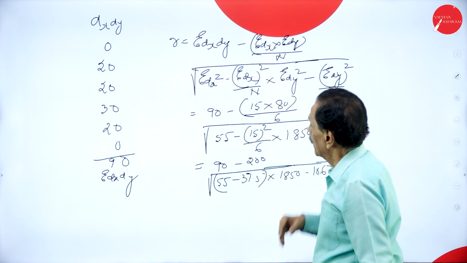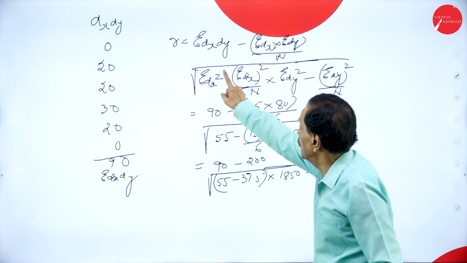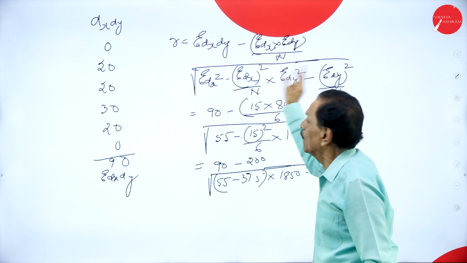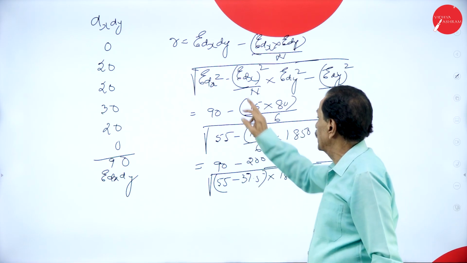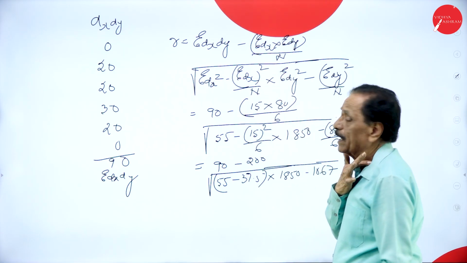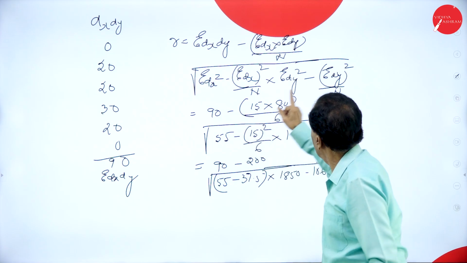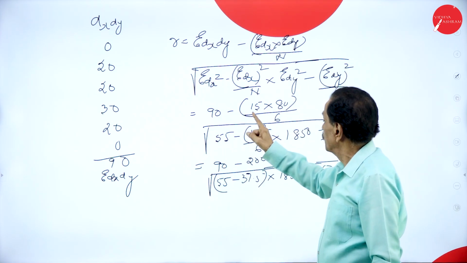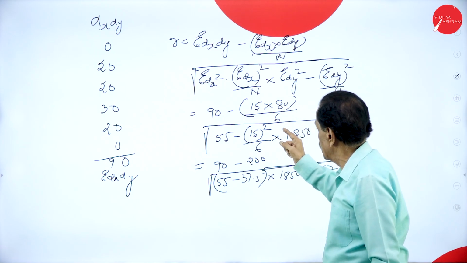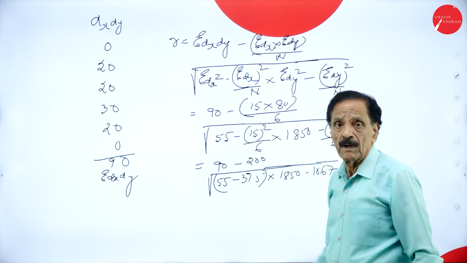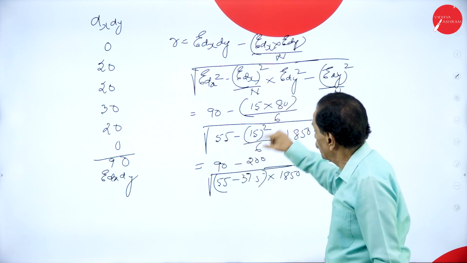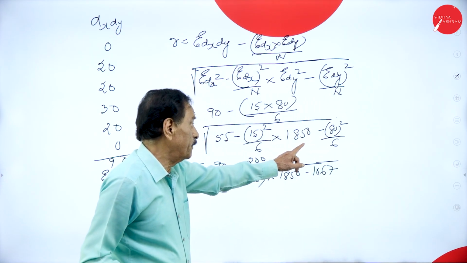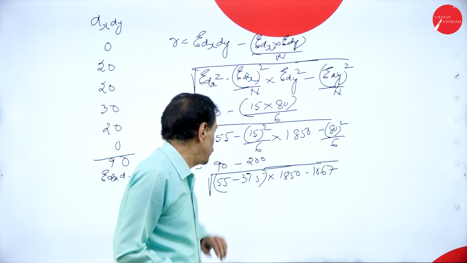Apply the formula. R is equal to sigma dx dy minus sigma dx into dy divided by n into root of sigma dx square minus sigma dx whole square divided by n, sigma dy square minus sigma dy whole square divided by n. 90 minus 15 into 80 divided by 6 divided by root of 55 minus 15 whole square divided by 6. Then 1850 minus 80 whole square divided by 6.